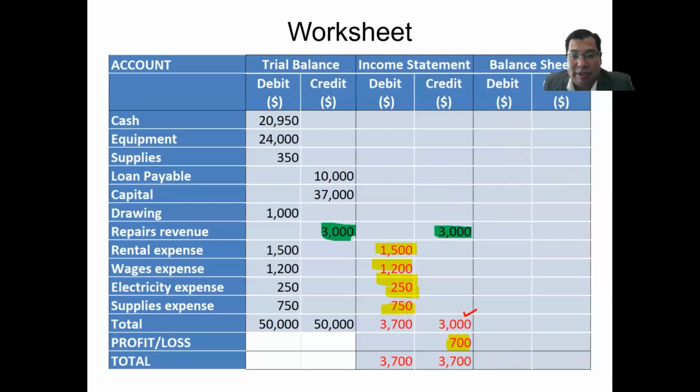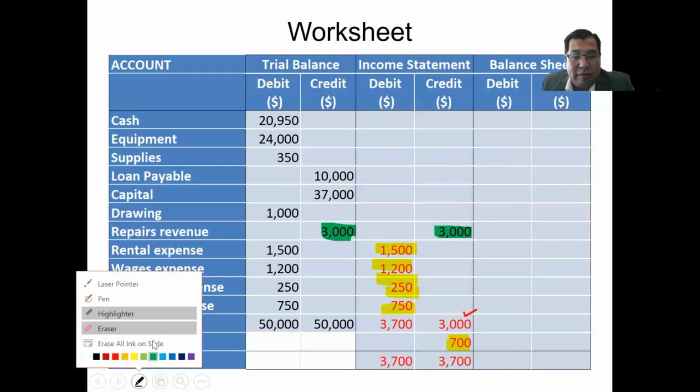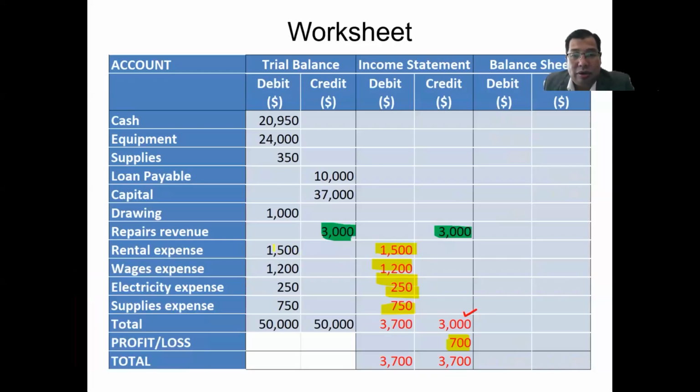Whereas your expenses are on the debit side, so you're going to move this item under the debit side of the income statement. Then you total your debit and credit.